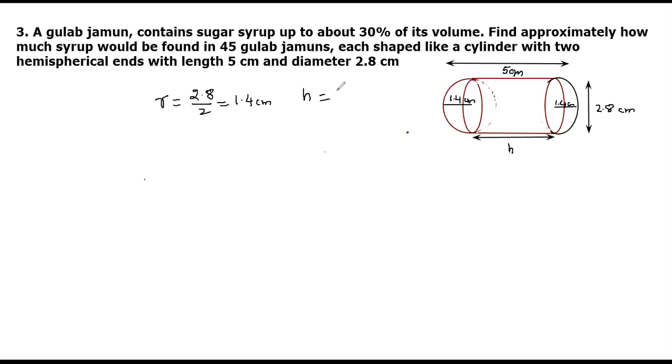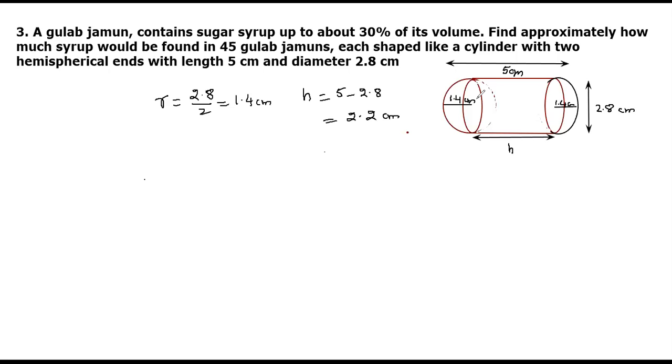So the height of the cylinder h will be equal to 5 minus 2.8, because both sides' radius will be subtracted. 5 minus 2.8 equal to 2.2 centimeters, the height of the cylinder.